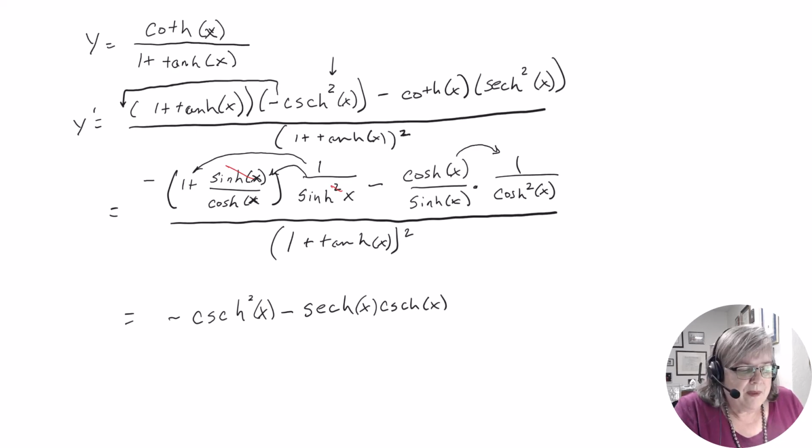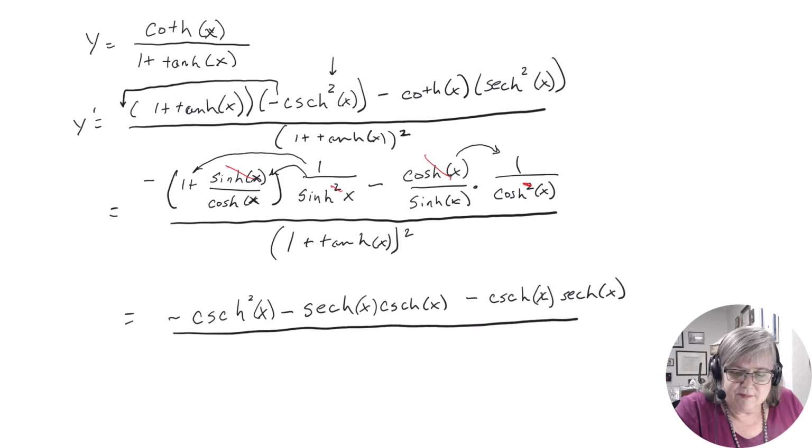And minus, this hyperbolic cosine cancels one of these, so I have 1 over the hyperbolic sine times 1 over the hyperbolic cosine. So it's going to be minus hyperbolic cosecant of x, hyperbolic secant of x, all over 1 plus the hyperbolic tangent of x squared.